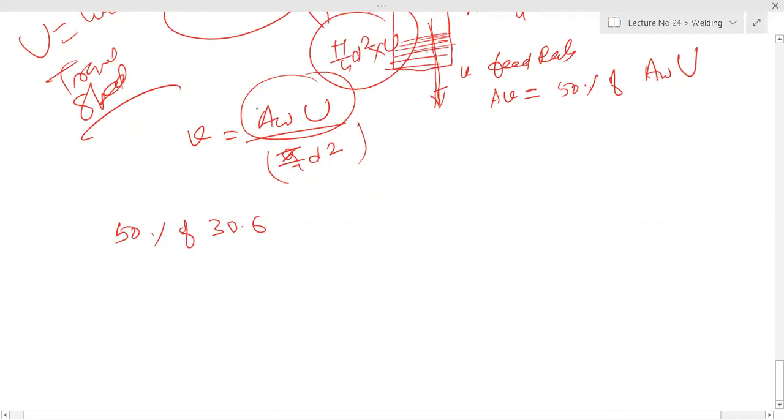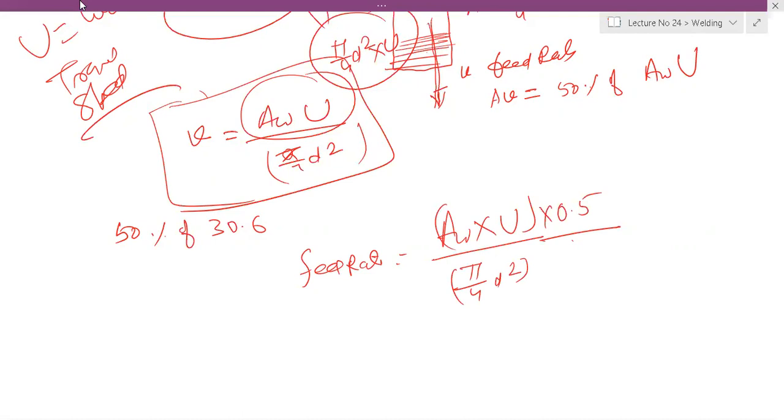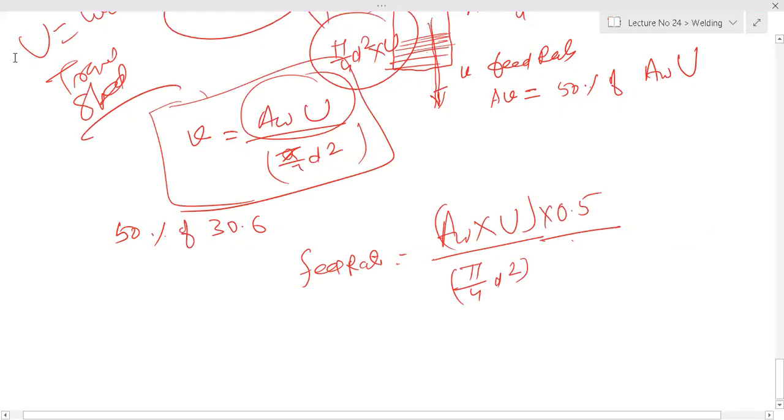You solve this and tell me the answer. Feed rate is equal to AW into U divided by pi by 4 d square at 50%, so take 0.5 of this. 10.82 is the correct answer. So the answer is 10.8.